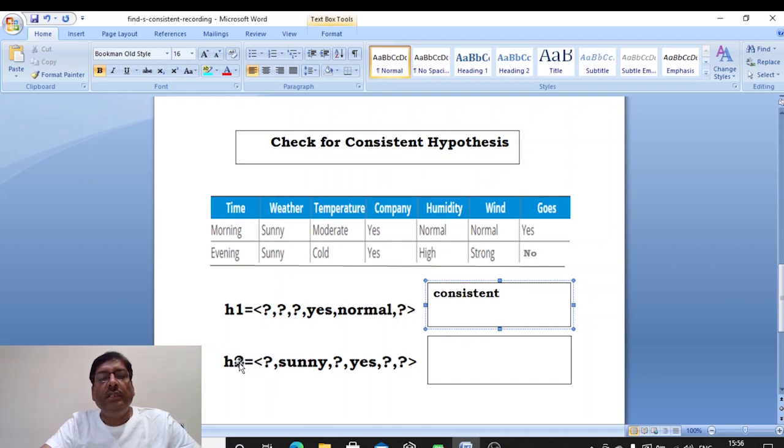So we say this hypothesis 2 is not a consistent hypothesis with this data set.